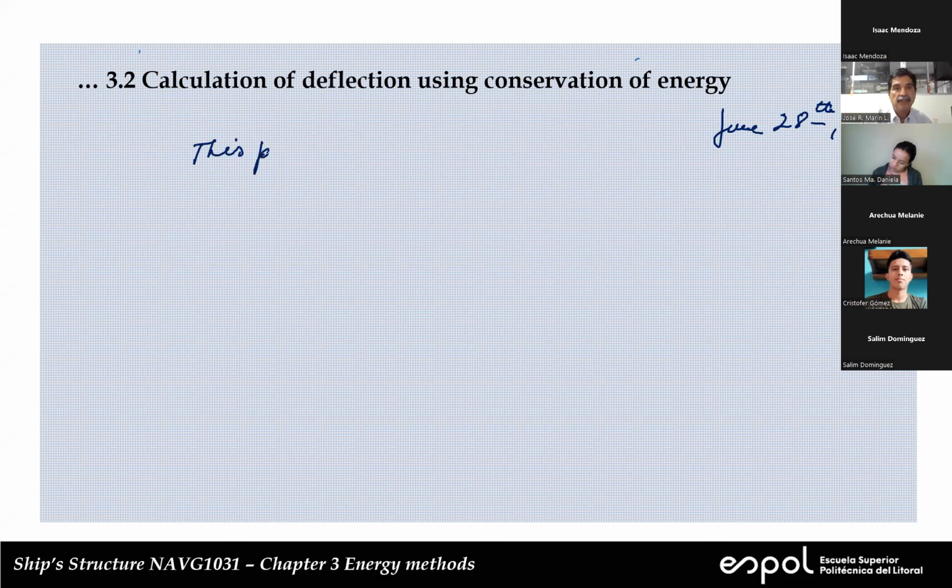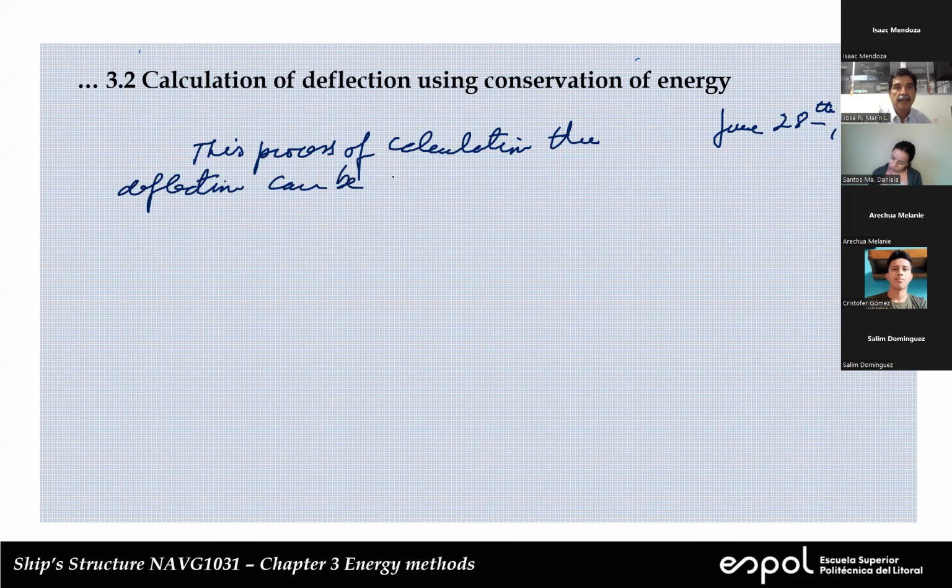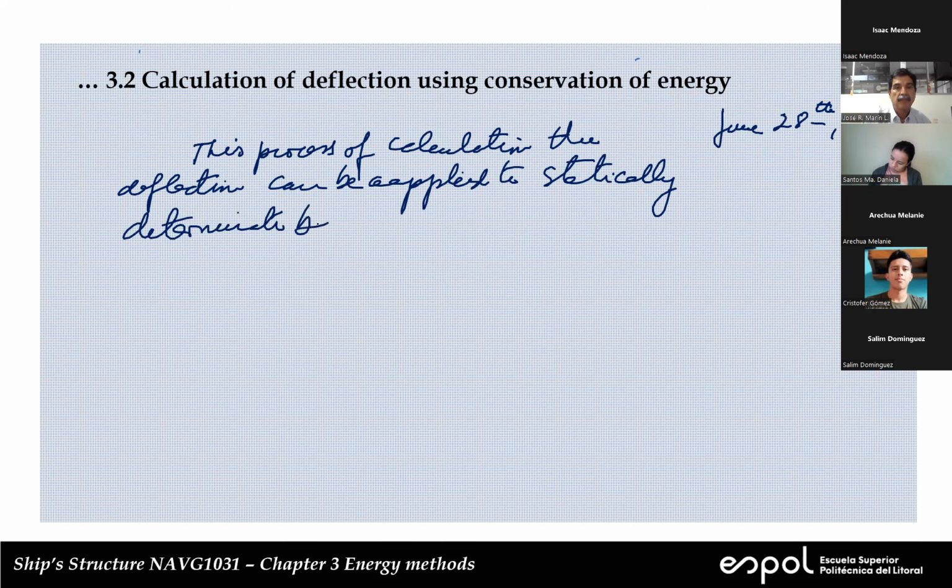This process of calculation of the deflection can be applied to statically determinate beams or structures, right?